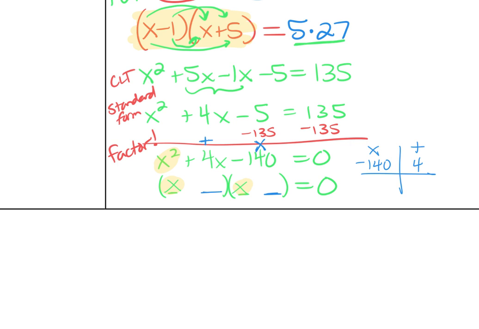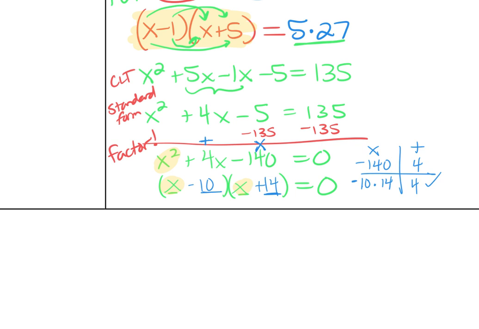So I might do, how about like 10 times 14? And maybe if I made that a negative 10, that could work. Negative 10 times 14 is negative 140. And if you add negative 10 plus 14, it's 4. So we have a negative 10, a positive 14.